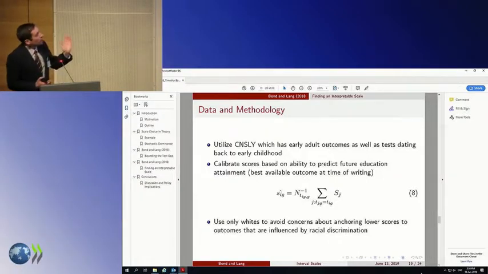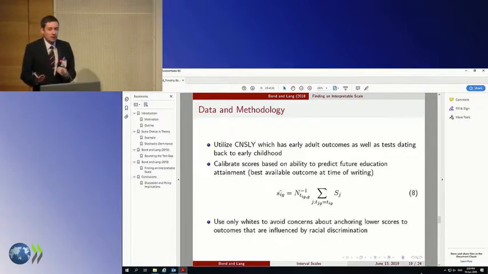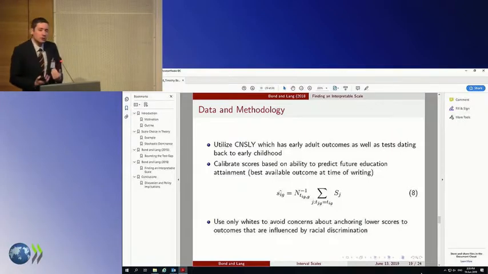And we're only going to use whites for this, because blacks are near the bottom of the distribution in test scores, and blacks' educational attainment is determined in part by discrimination, so we'd get a really messed up matching of our adult outcome to that latent trait. So the way to think about the latent trait we're estimating is the latent trait's ability to predict schooling for somebody who was white and had that latent trait. I think it's still informative from a policy perspective.